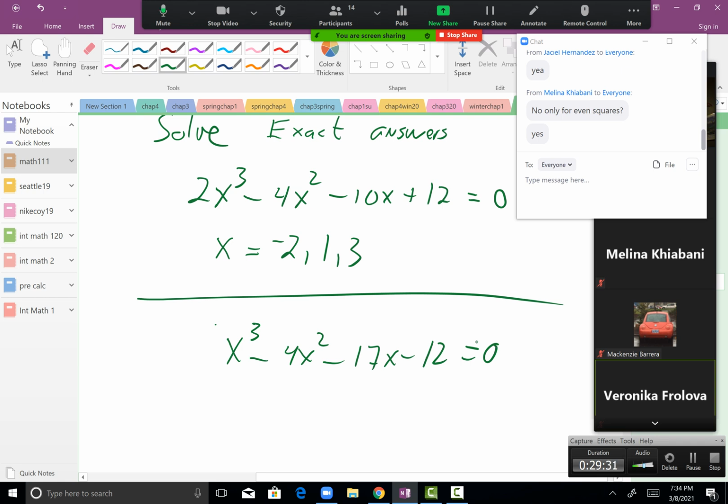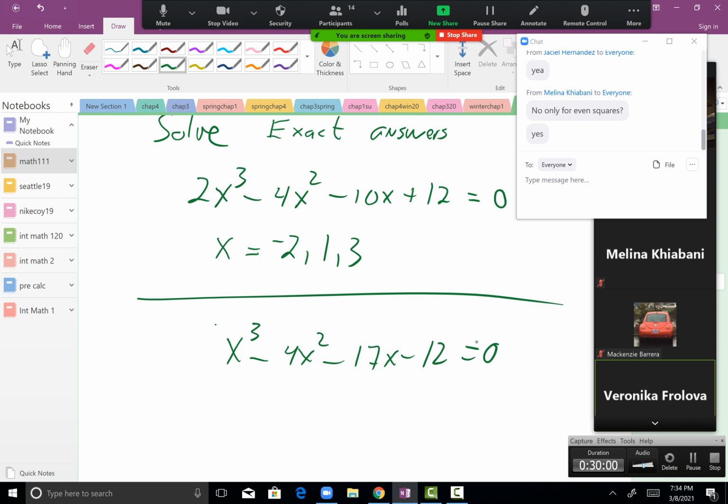Okay, graph that one and see what the x-intercepts are. Now remember, we want them to be exact, so I need a nice one. Well, again, I got -1.772 and -1.